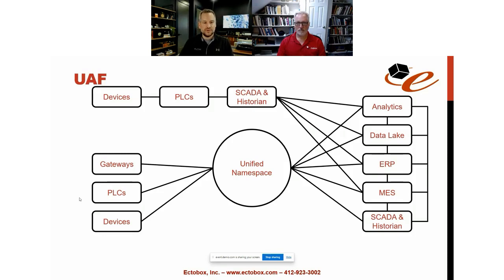And so what we want to introduce is the concept of the Unified Analytics Framework. And the Unified Analytics Framework, we believe, will help, number one, create a single place like a UNS to be able to access all of the relational, historical, transactional data that we need to empower our analytics.